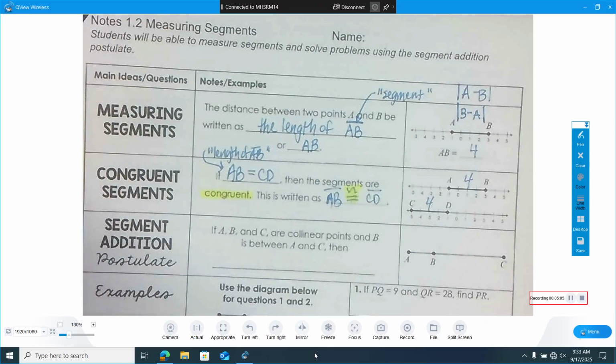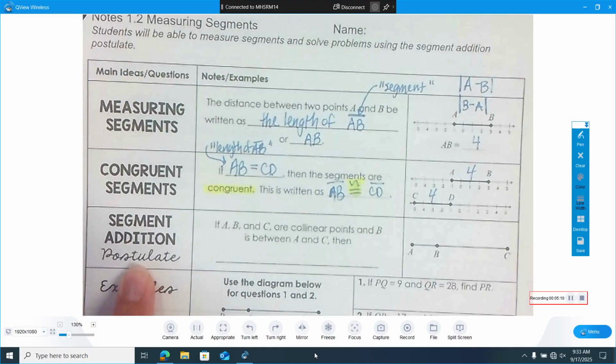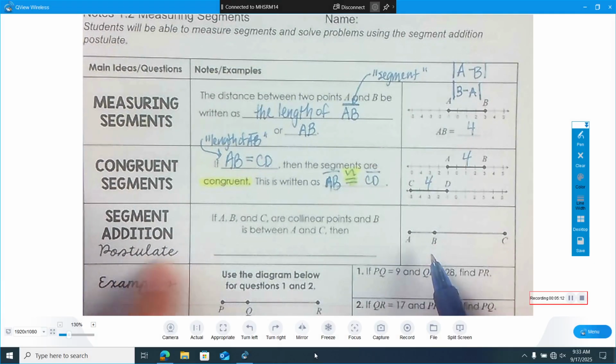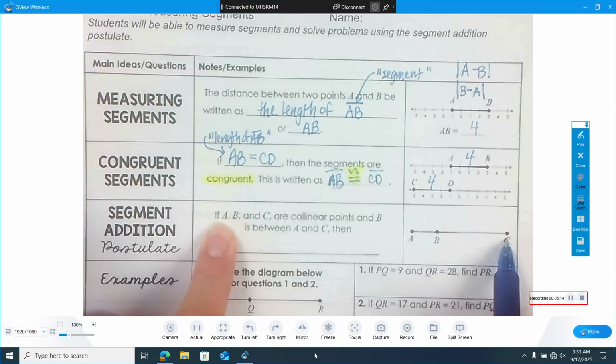Okay, great. Now, we have this postulate, the segment addition postulate, we're going to get used to here. If A, B, and C are collinear, what does collinear mean? On the same line, very important.